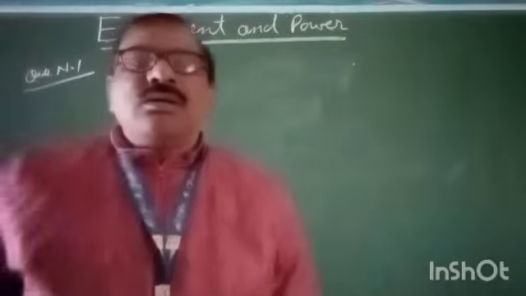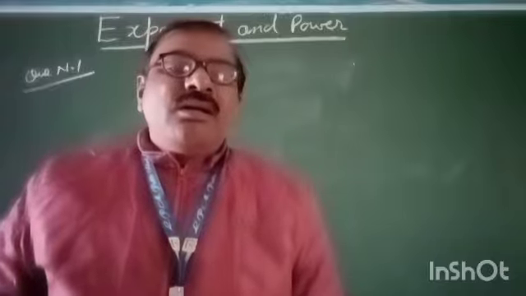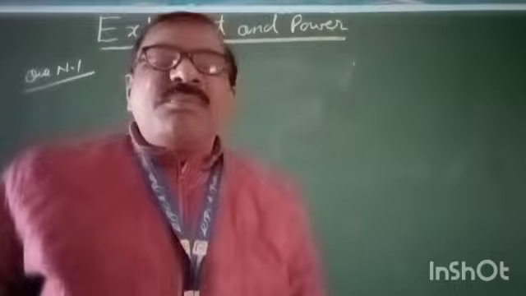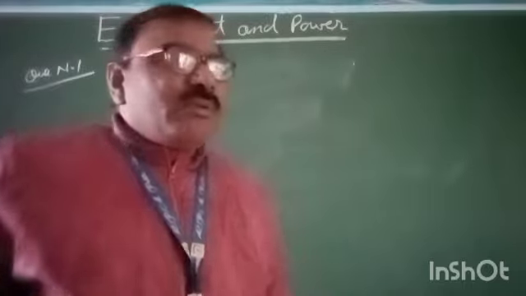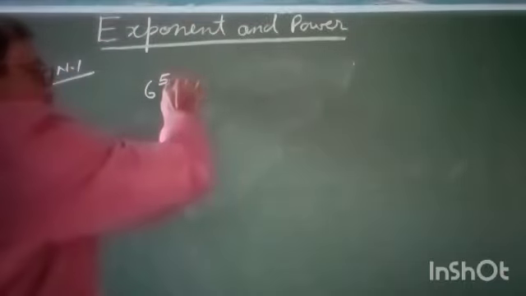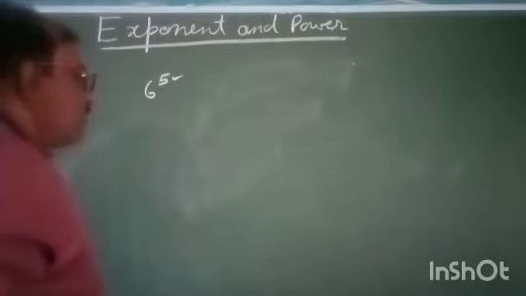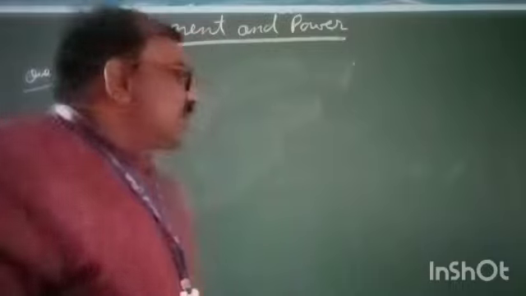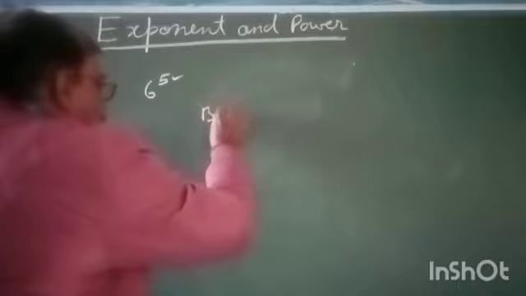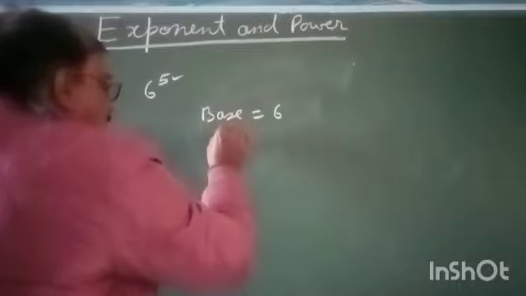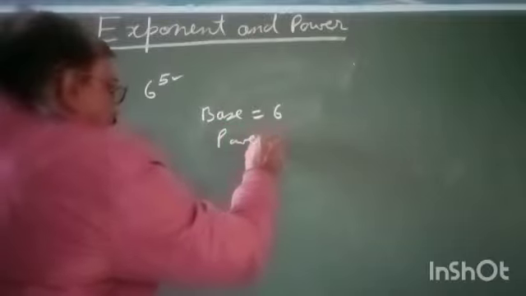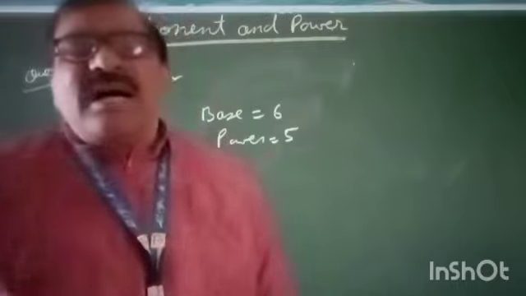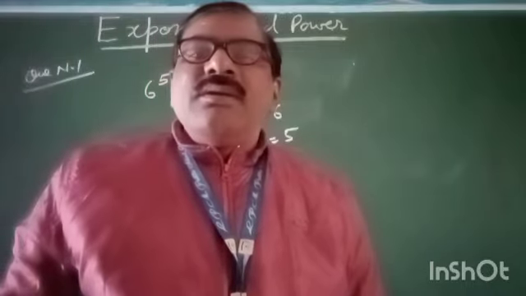Dear students, as I have already explained, if any number is written in exponential form, then here 5 is called power and 6 is called base. So base equals 6 and power equals 5. I hope this is clear to everyone.